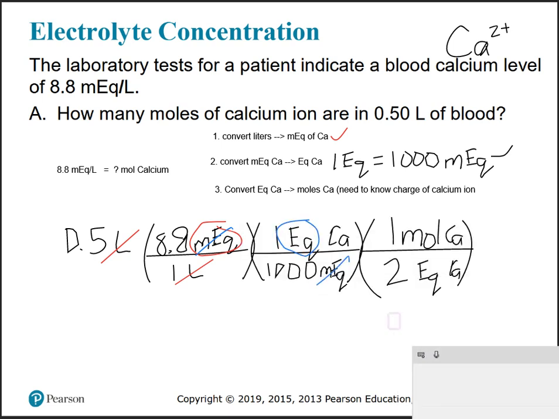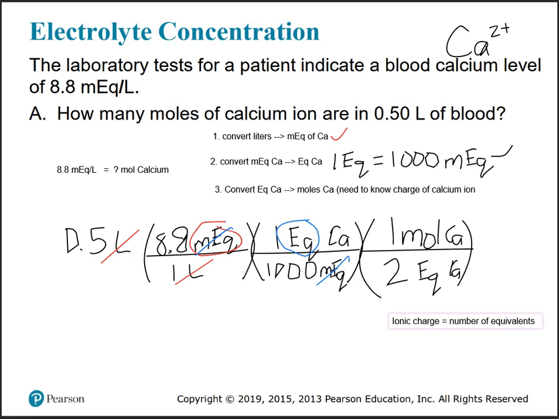I'll type that out here. Ionic charge equals number of equivalents. So in this case, our charge is 2+, so 2 equivalents in 1 mole. So that's setting up the problem.